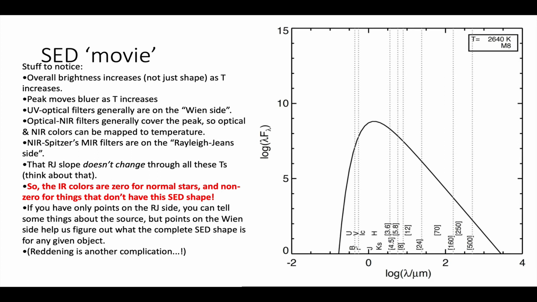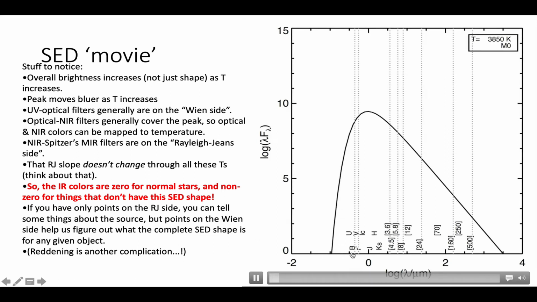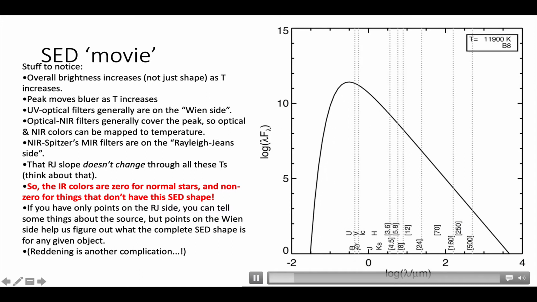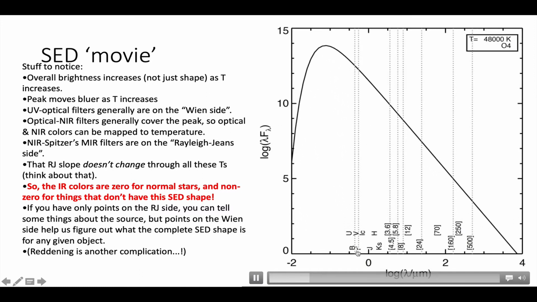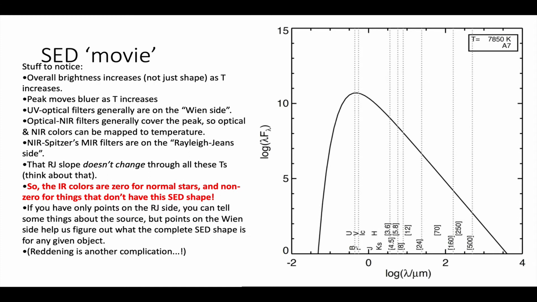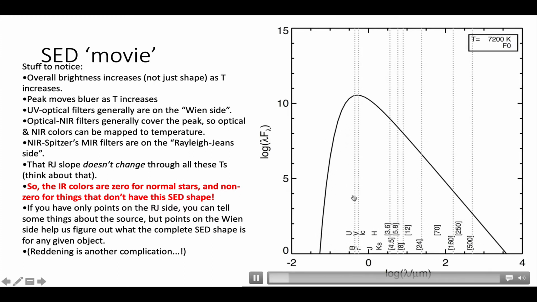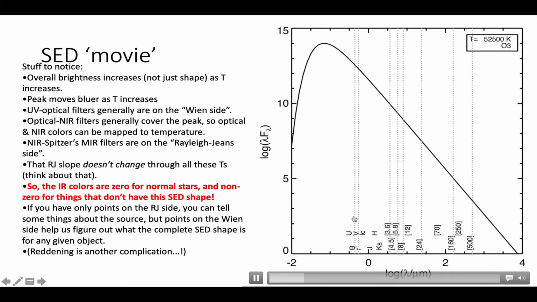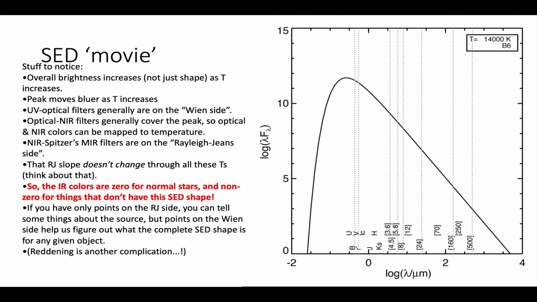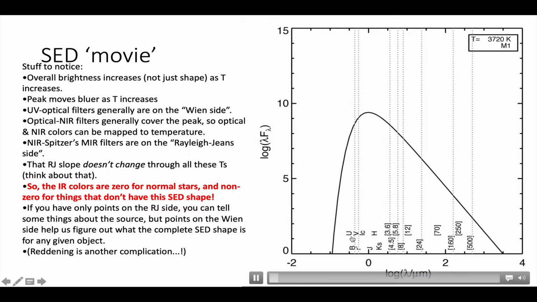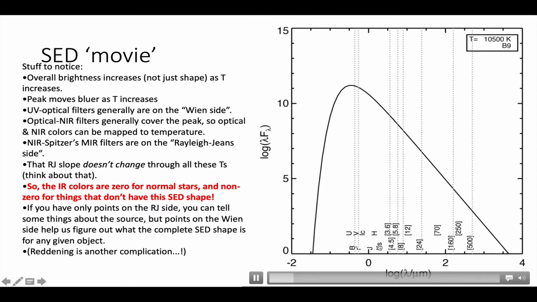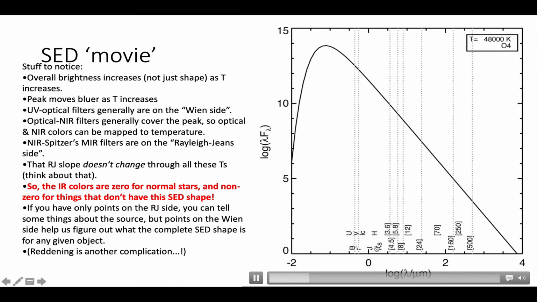The other important thing to note in this movie is that I've got some vertical lines here. These vertical lines are denoting wavelengths of various filters. So the optical filters are all in here. I think the two vertical lines there are Johnson B and Johnson V. And then I've got some other wavelength filters marked in there. The two MASS filters don't have any vertical lines.